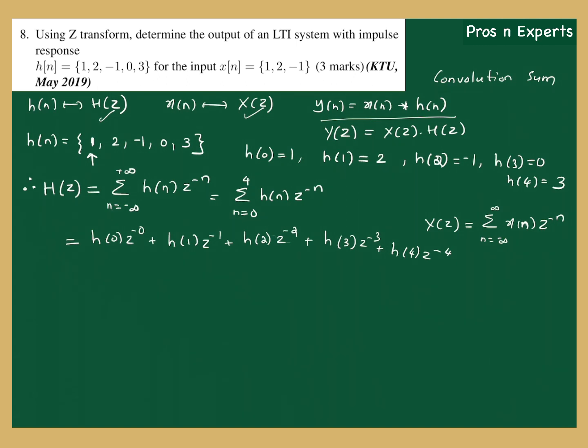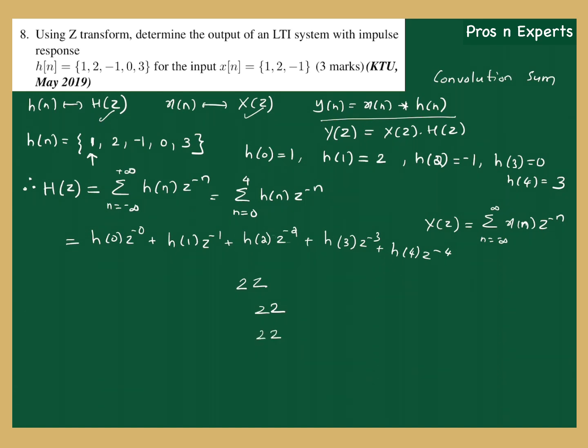I have a small request. Whenever you write or solve problems in signals and systems, especially in the z transform area, if you write 2 like this and z like this, in some steps you may get confused about whether you're writing a 2 or a z.